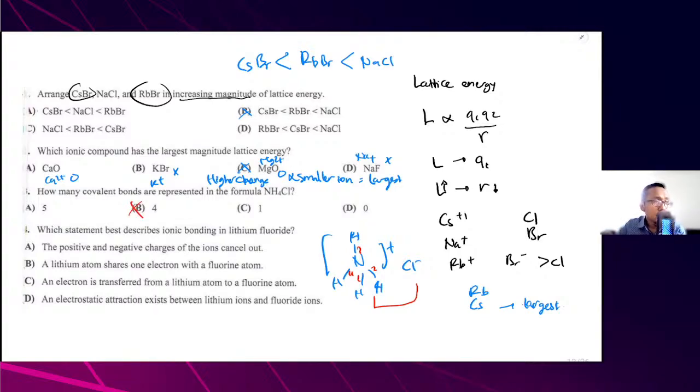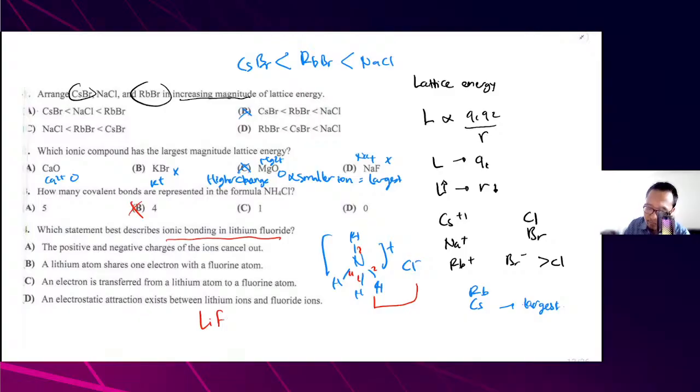And remember, all four N-H bonds are covalent. The connection to Cl is ionic. All right, now move on to number 4. Which statement best describes ionic bonding in lithium fluoride?